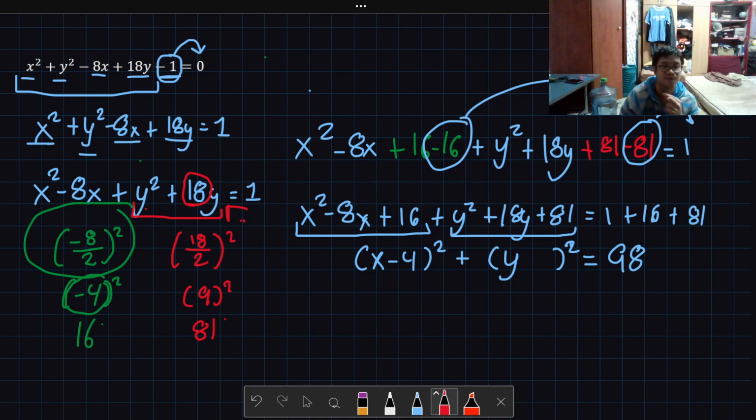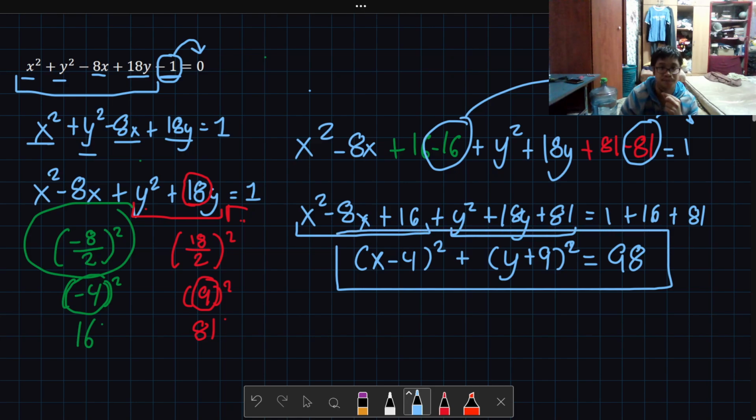So here you're going to divide 18 by 2, which is 9. That would be the number beside your y. Hence, you will have plus 9. It's plus 9 because it's positive 9. And therefore, this is your answer. The square of x minus 4 plus the square of y plus 9 is equal to 98.